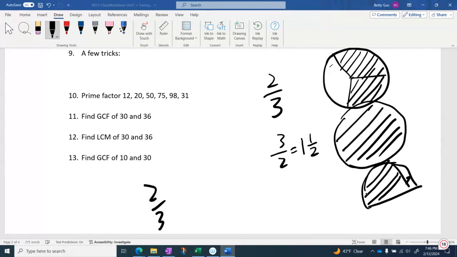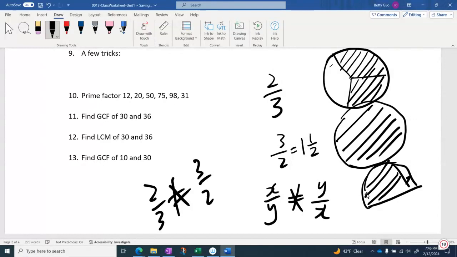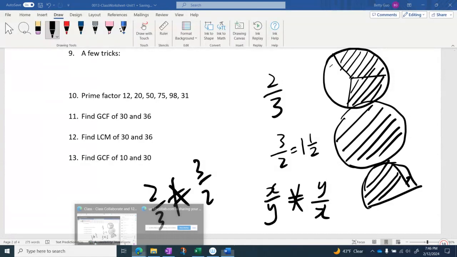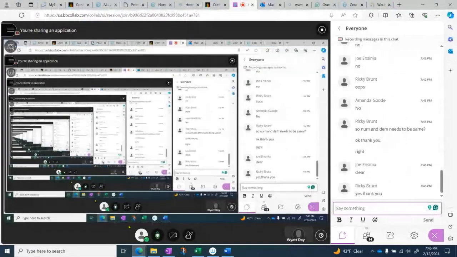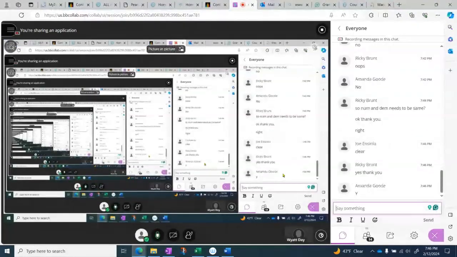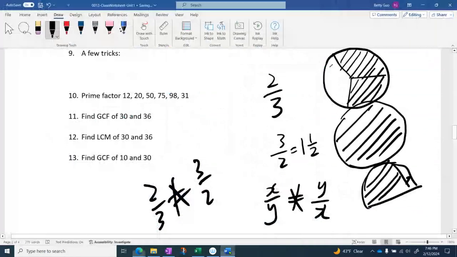So 2/3 definitely is different from 3/2. Then x over y should be different from y over x, right? Let me know, am I clear about that? Yes, okay, thank you, Ricky. Awesome, perfect.